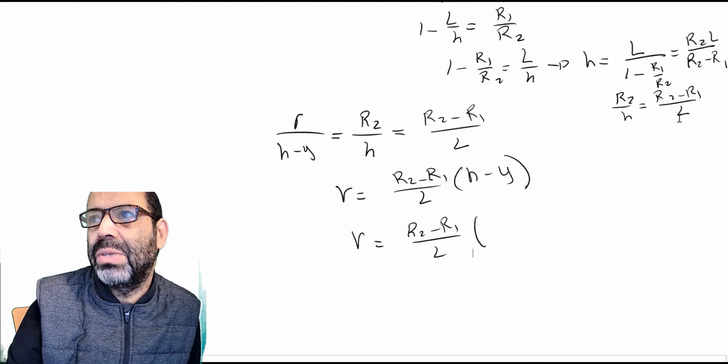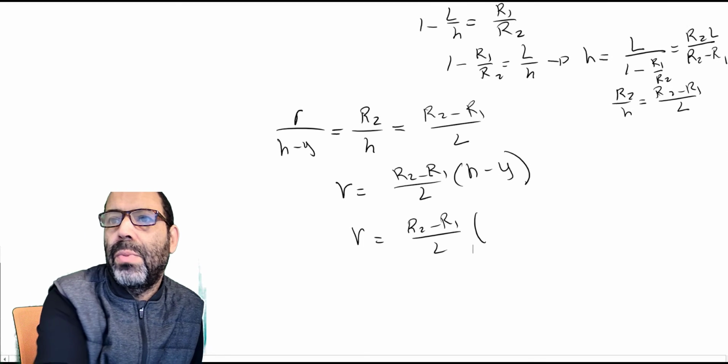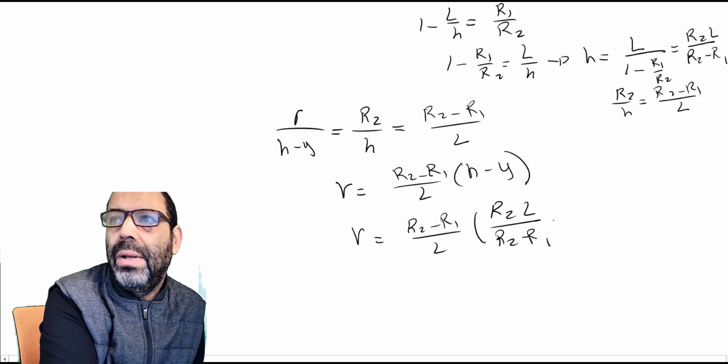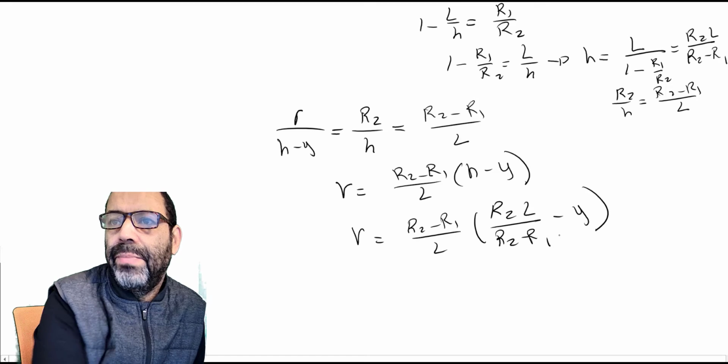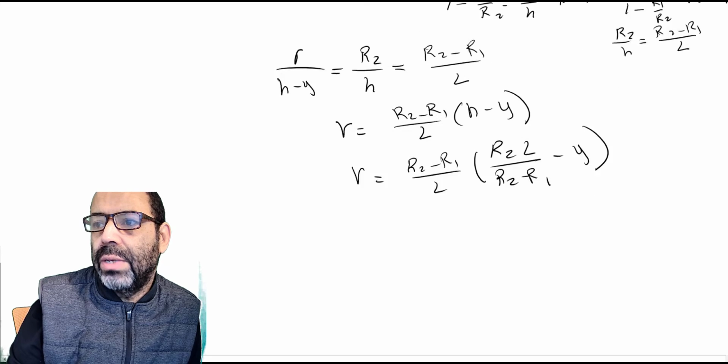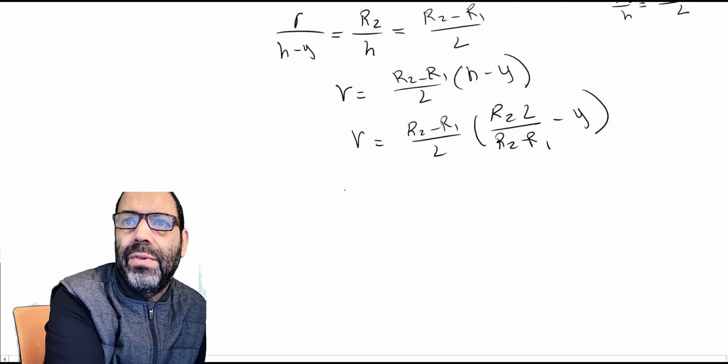Don't do too many steps at once. That is basically where the problems happen, like I did. So r2 L over r2 minus r1 and then minus y. Okay, so simplification. We have r2 minus r1, we have r2 minus r1. We have L, so this cancels, and we'll be left with just r2 in the first term.